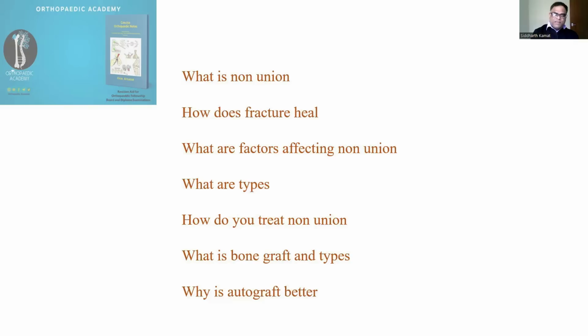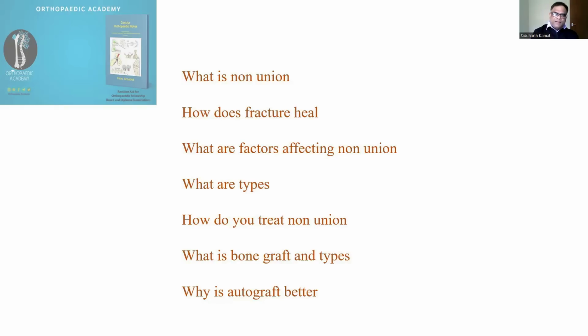An important question asked at this point is, what are the factors that affect non-union or that cause non-union? There are general factors, there are fracture factors, and there are surgical factors.